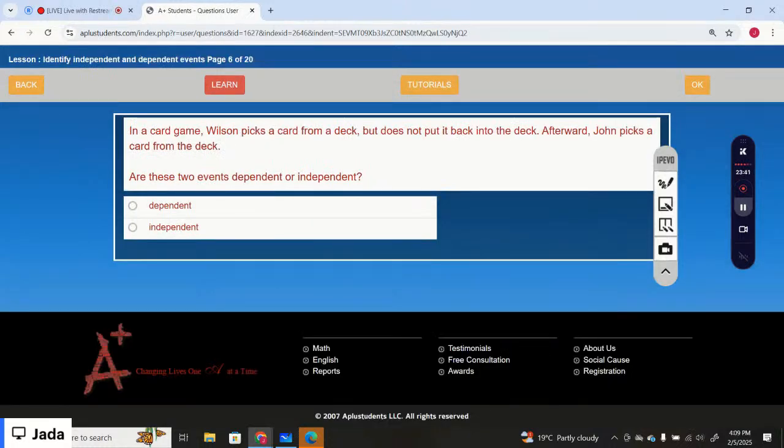In a card game, Wilson picks a card from a deck but does not put it back in the deck. Afterward, John picks a card from the deck. Are these two events dependent or independent?